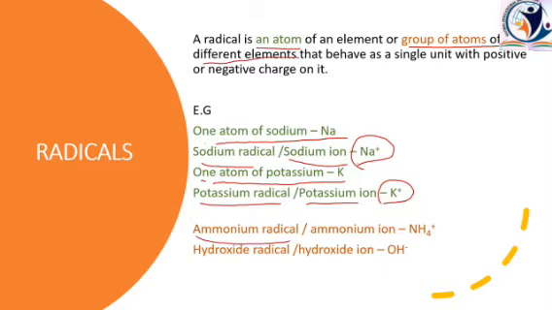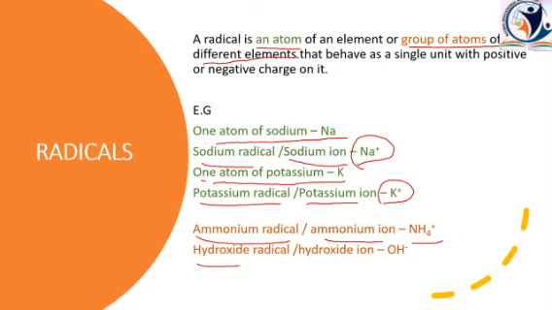Ammonium radical or ammonium ion, which is written as NH4 plus. Here two kinds of atoms are there. One is nitrogen atom, another is hydrogen atom. In the subscript, that is below, 4 is written small, and the plus sign is the superscript or the power.